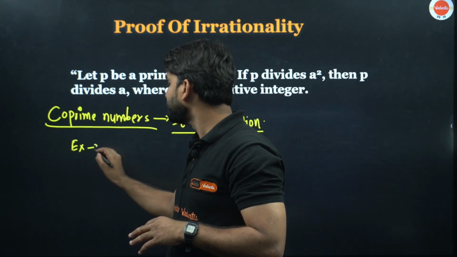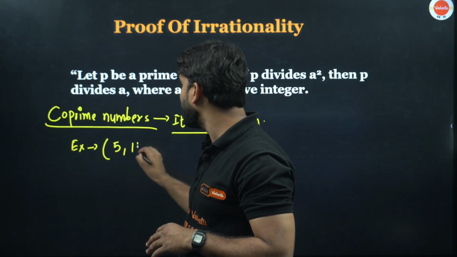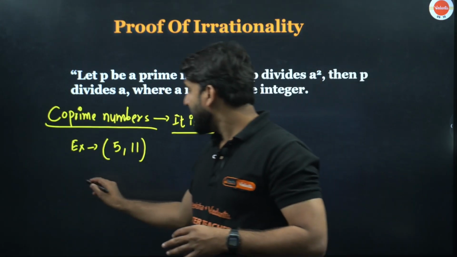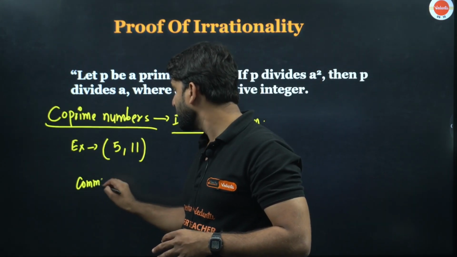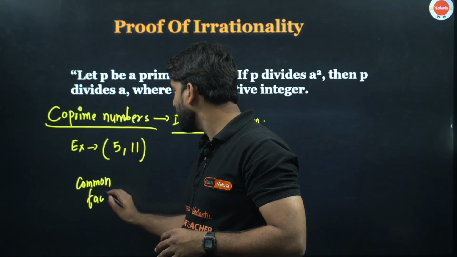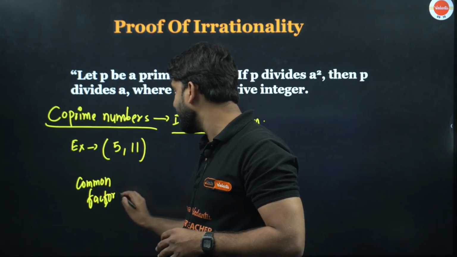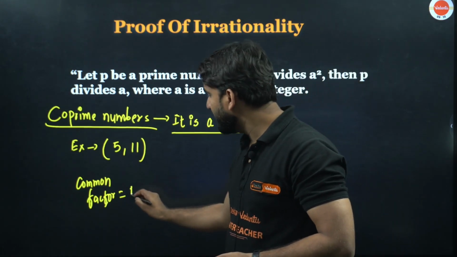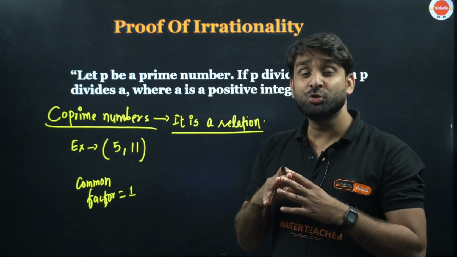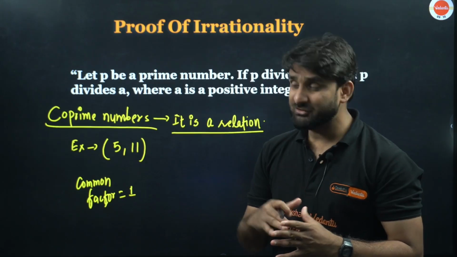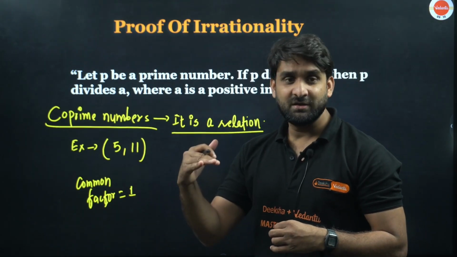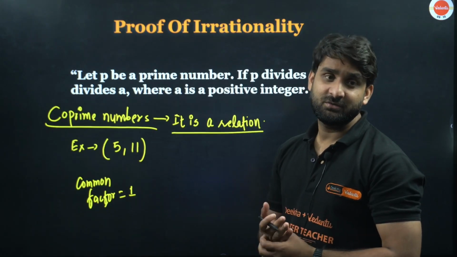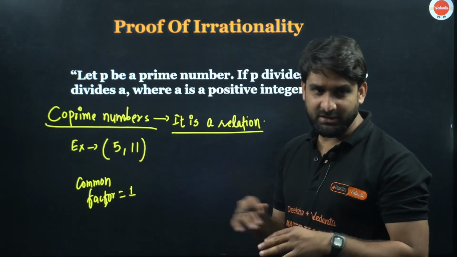For example, if I'm giving you 5 and 11, and I ask you how many common factors these two numbers have, the answer will be only 1. There is no other number except 1 which can divide 5 as well as 11. Only 1 is there. 5 can be divided by 1 and 11 can be divided by 1.